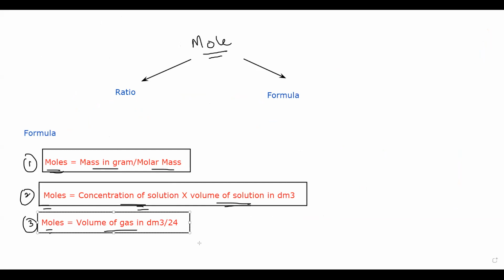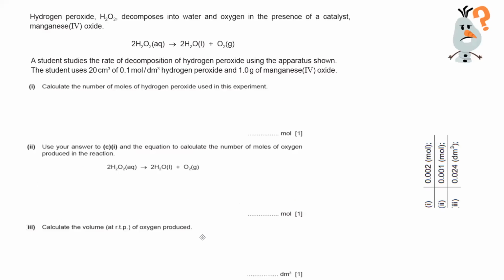As you can see in the first part, they're asking to calculate the number of moles of hydrogen peroxide. Hydrogen peroxide is H2O2. So we have to find what is given to us. The student studies the rate of decomposition of hydrogen peroxide and uses 20 cm cube.